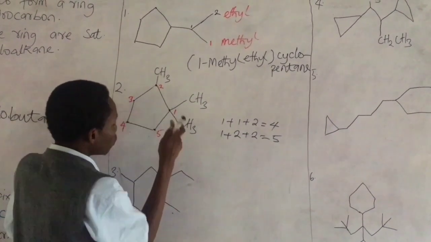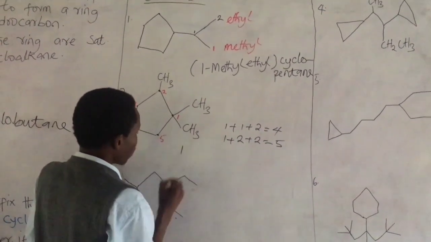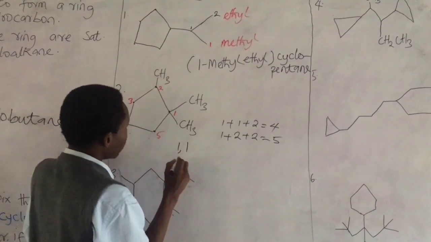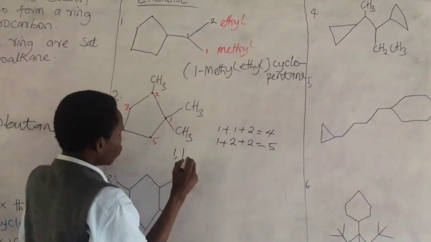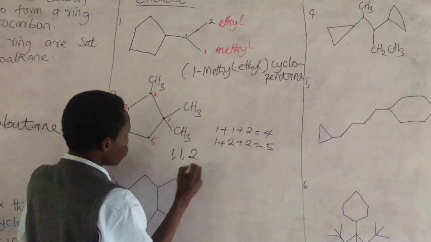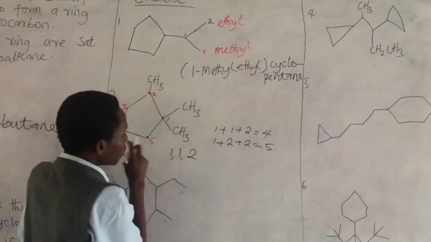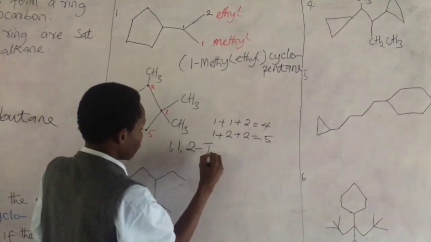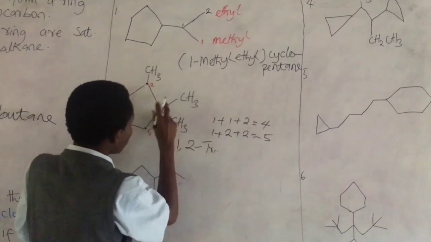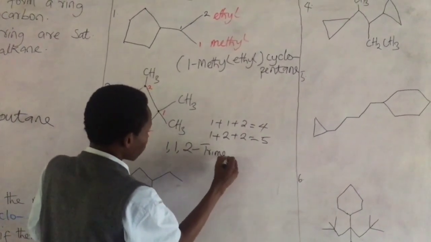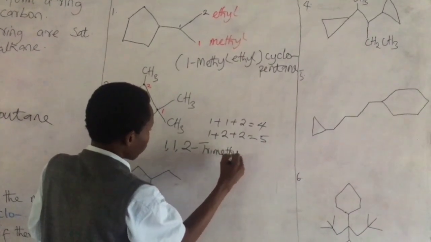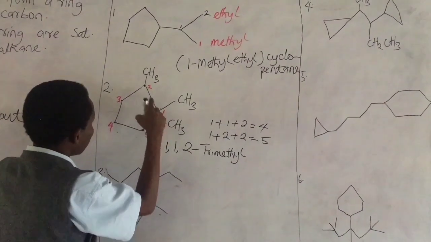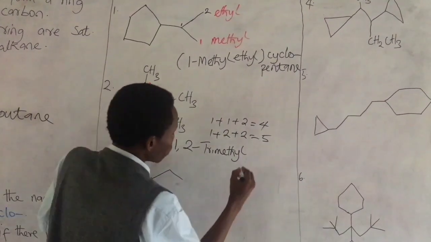We have the first methyl group on carbon 1, the second methyl group on carbon 1 again, and the last methyl group on carbon 2. We have 3 methyl groups. 3 stands for tri. We have tri, the substituent is methyl, and then the longest chain, 1, 2, 3, 4, 5, cyclopentane.